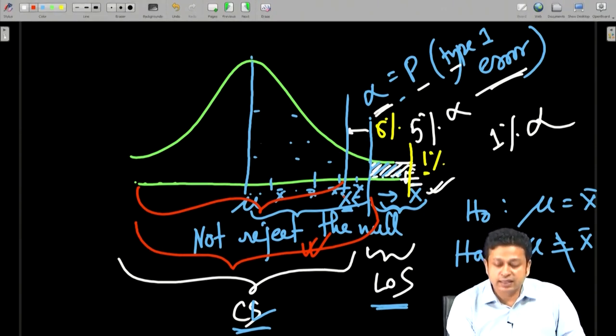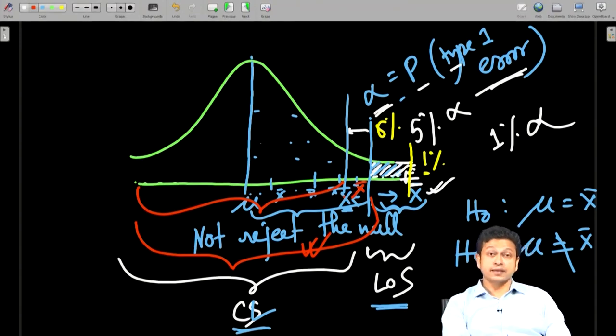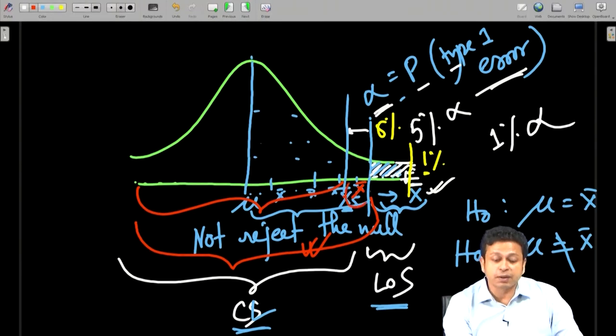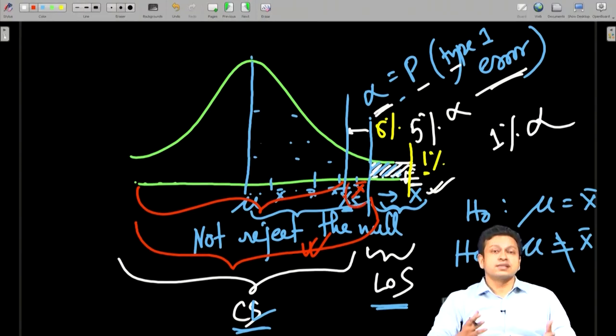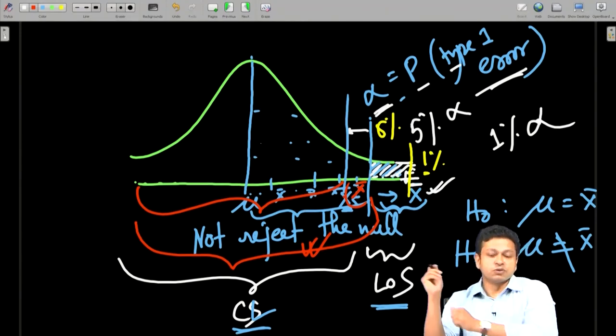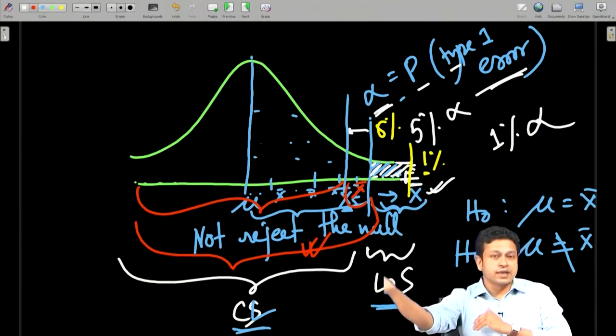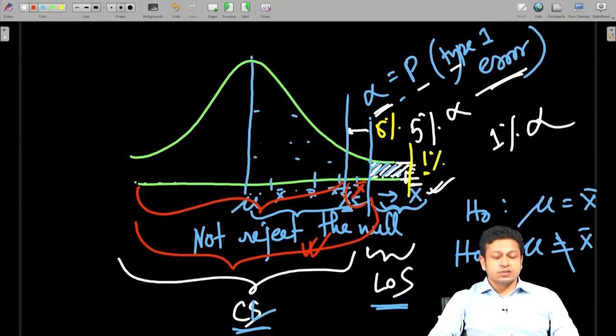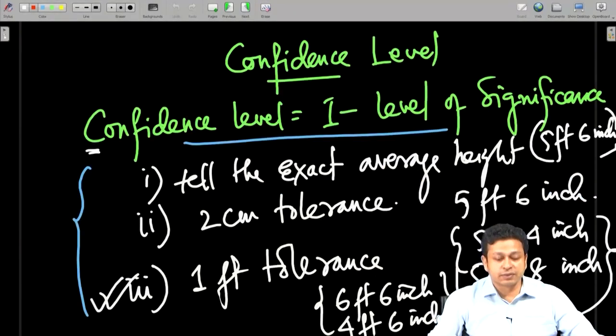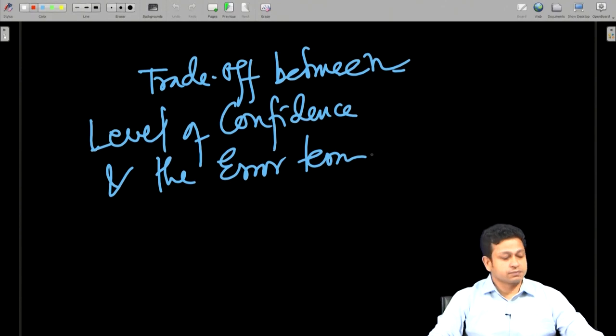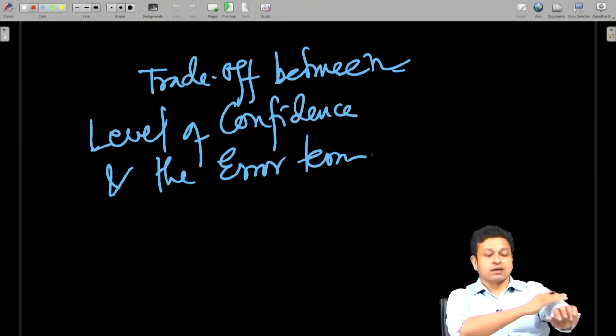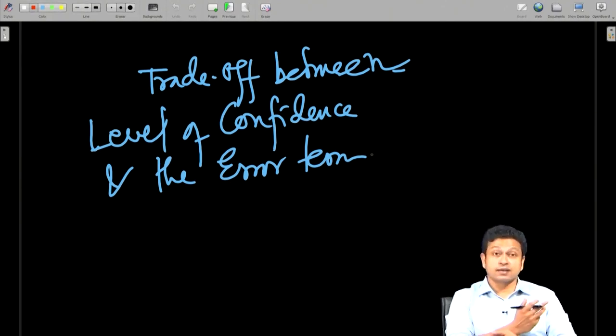That means the x bar can be here, and even then I would say that I cannot reject the null hypothesis, but this x bar can actually come erroneously. The chances are increasing as we move towards the extreme part of the distribution. So this is something we need to remember, that between confidence level and the error term, there is a trade off.